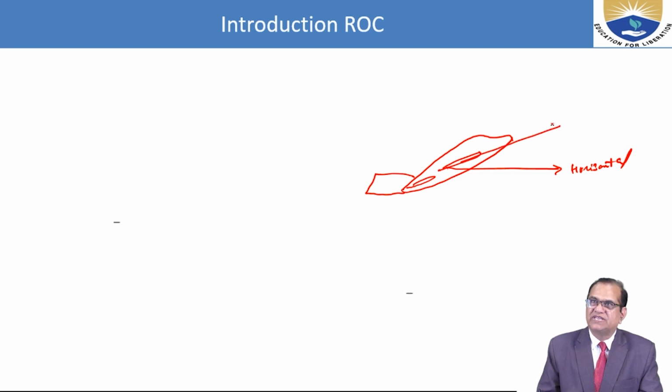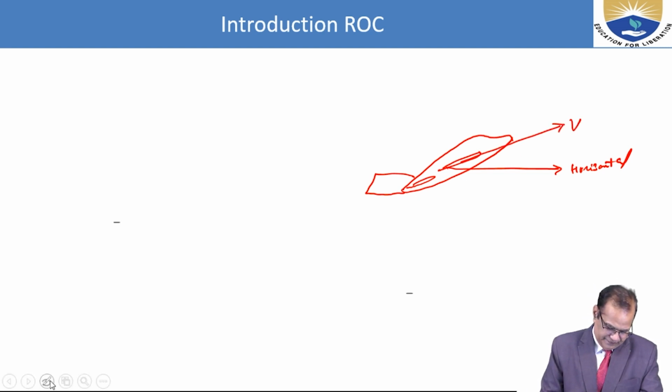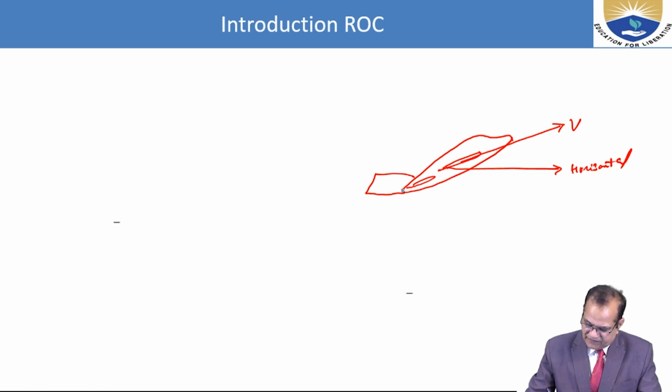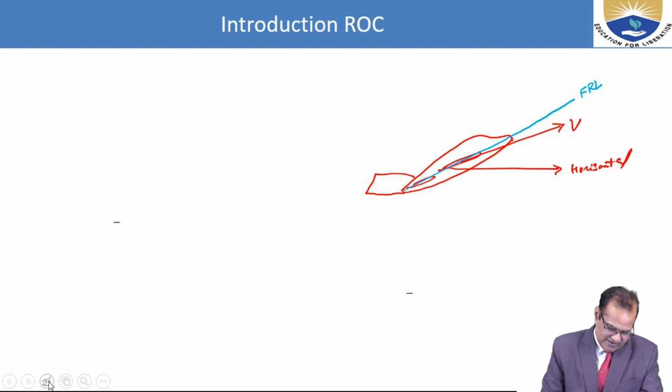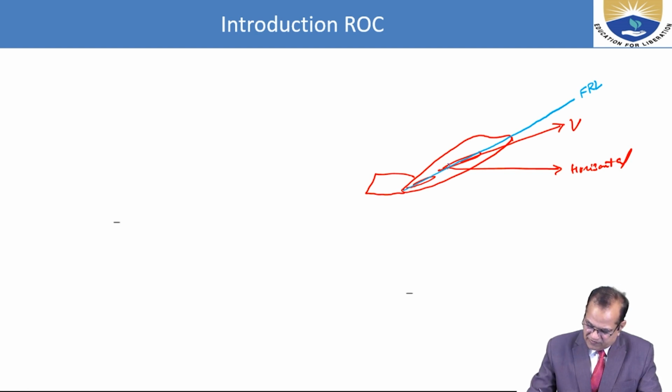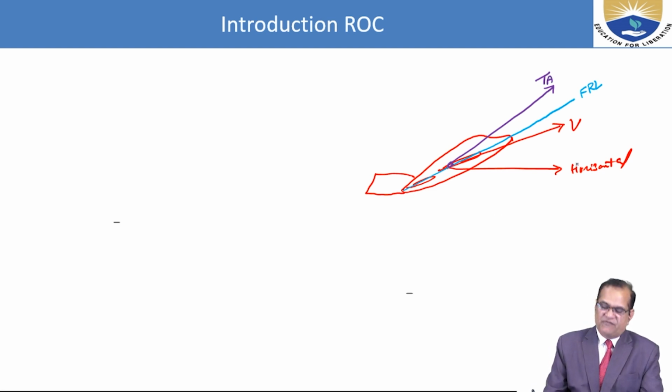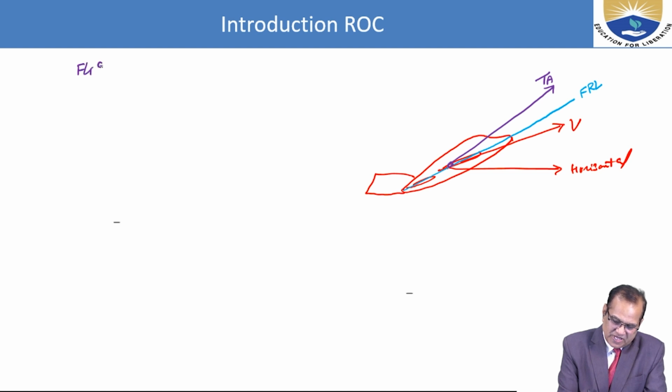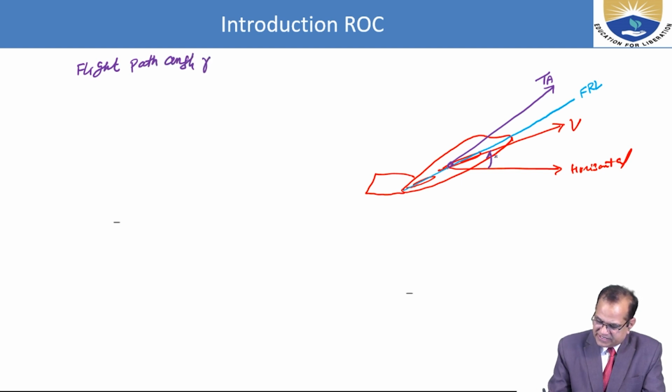If your aircraft is moving in this direction with velocity V, this is the fuselage reference line, the FRL, and I will draw the thrust from here. This is the thrust available. So there is a flight path angle gamma. This gamma is called the flight path angle.